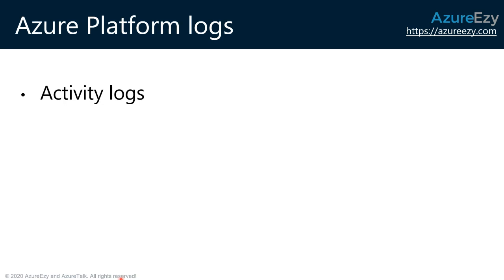So when you make any changes in Azure at the platform level, suppose you created an Azure virtual machine, you resized a virtual machine, or you did some action on a resource, maybe a web app or a SQL database, you changed certain properties, all these are platform-specific logs on the activity side, and these logs are called activity logs.